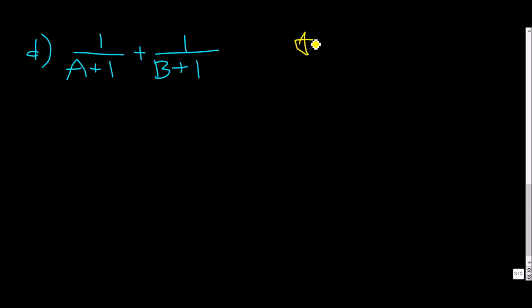Then part D asks us about what 1 over alpha plus 1 plus 1 over beta plus 1 is. This is kind of an odd looking thing. How would I figure this out? Well, and this is also a star, when we add fractions, imagine we have x over y plus w over z.